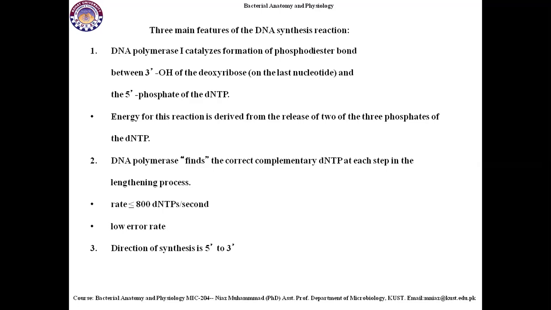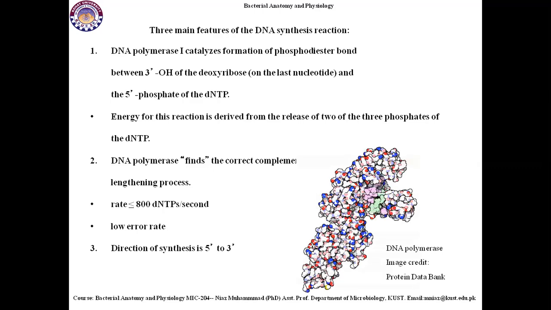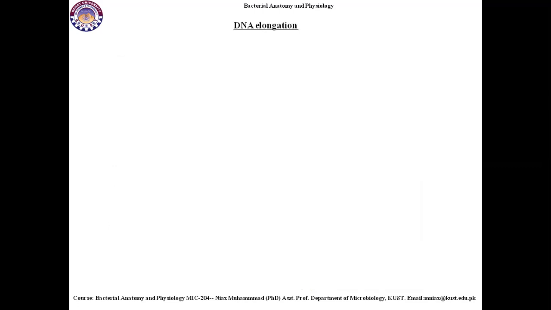Direction of synthesis is 5' to 3'. The 5' end will bind with the 3' hydroxyl, and again it will keep the 3' end open, where the next 5' will come and bind. DNA polymerase image created by Protein Data Bank. DNA elongation.